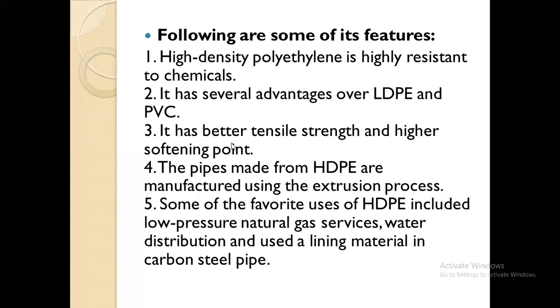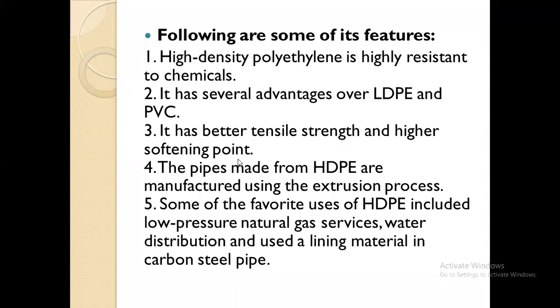The tensile strength of HDPE is higher as compared to PVC and CPVC, and due to the higher softening point, such pipes we can use to carry hot water and all those things. Due to its high softening point, we can use HDPE pipes for supplying hot water.